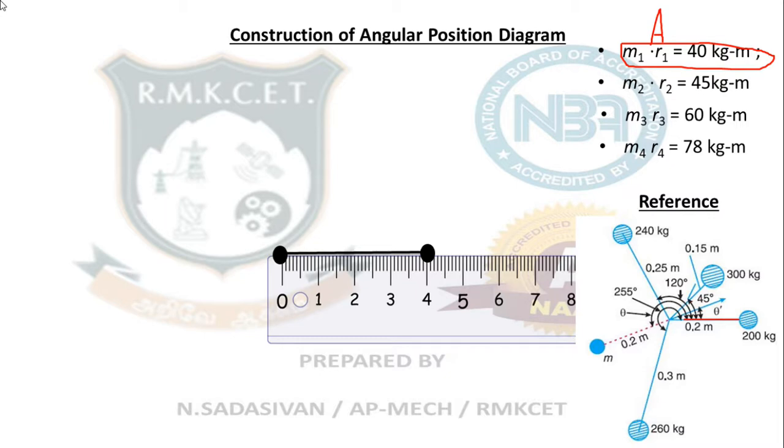What is the direction of this force? Can one of you tell me what is the direction of the force? What sort of force is created here when a mass is rotating around the shaft? Can anybody answer?